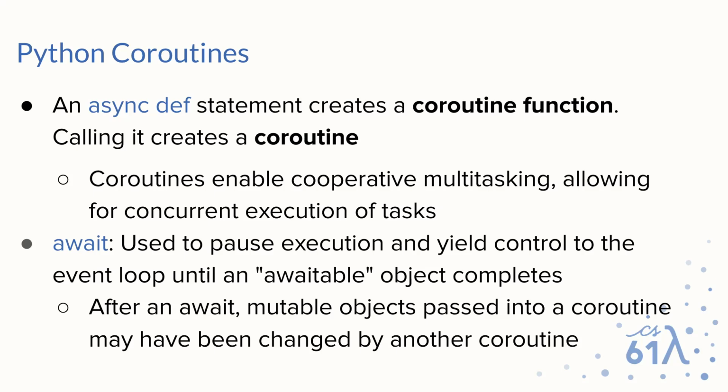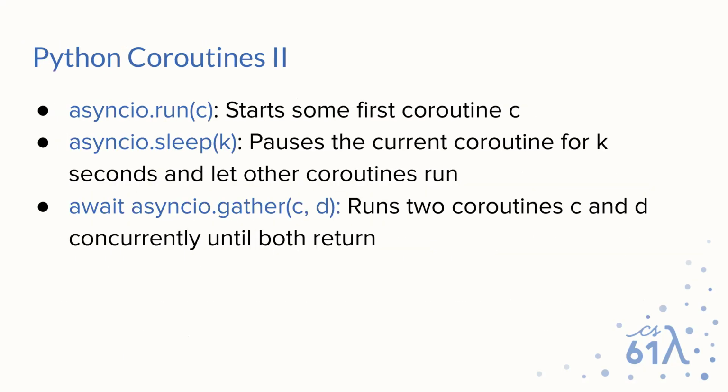Also, mutable objects passed into a coroutine may have been changed by another coroutine, because remember, we're running these simultaneously. So something that you passed in might have been altered by another coroutine that was also altering other mutable objects, like a list, for example.